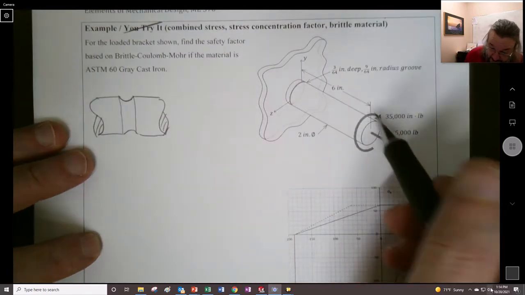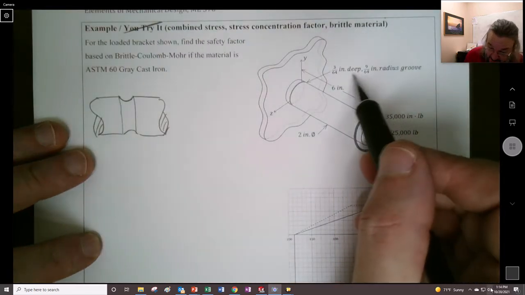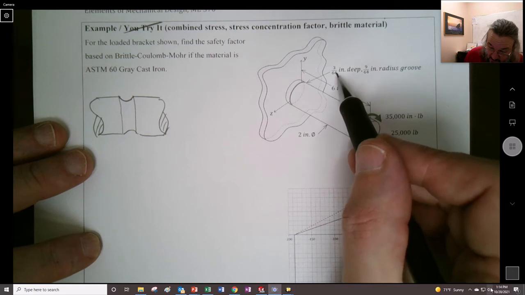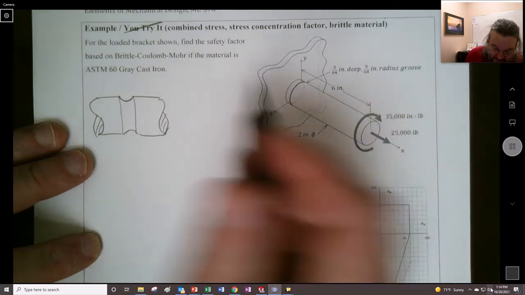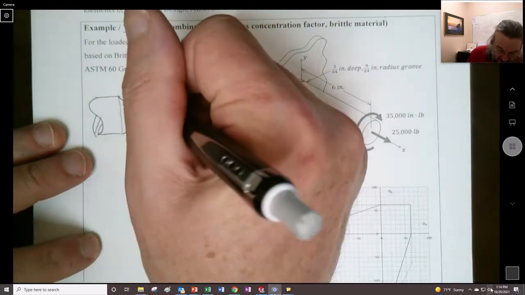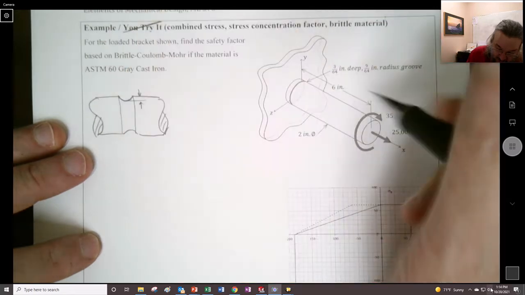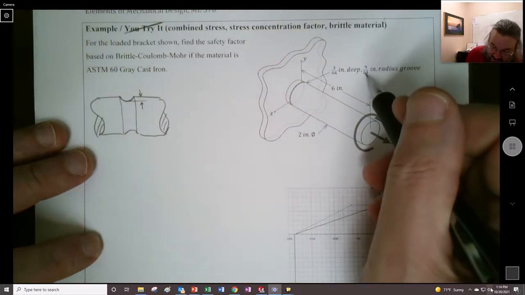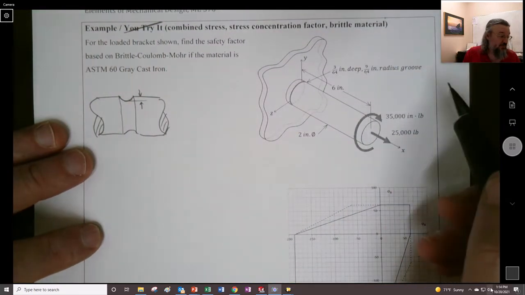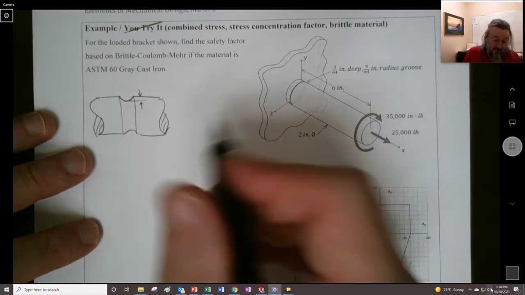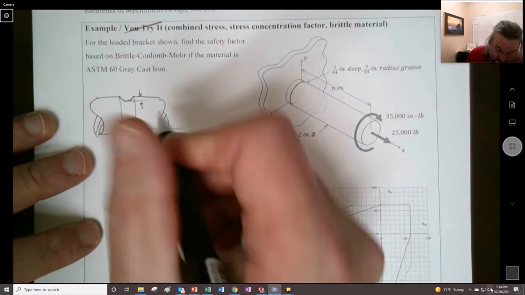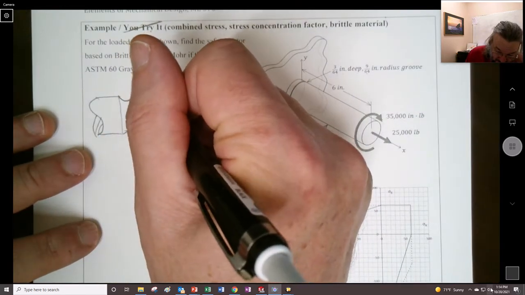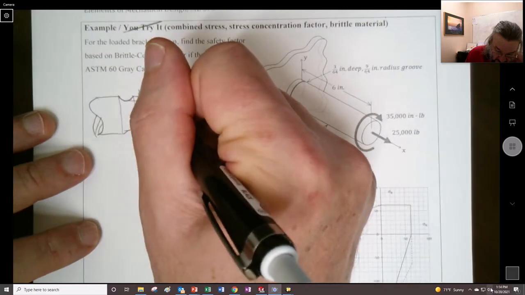And what they're saying here is that it's 3/64 inches deep, which would be that distance right there, but the radius is 9/64. So let's go to this distance right here.